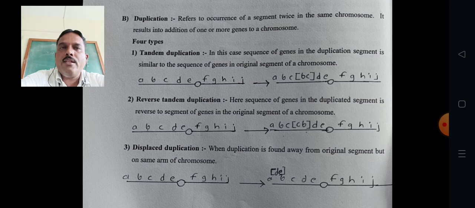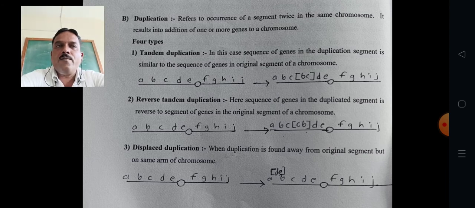A, then brackets DE, B, C, D, E, on the second arm F, G, H, I, J. Here duplication of the DE segment occurs, but away from its position on the same arm. On the first arm, that is the same arm, duplication may occur, but the position is changed. So this is called a displaced duplication.